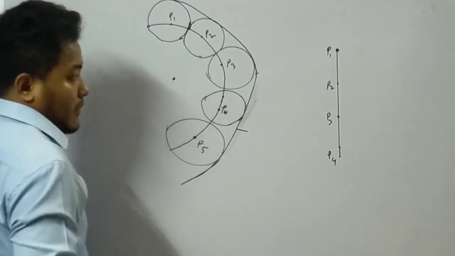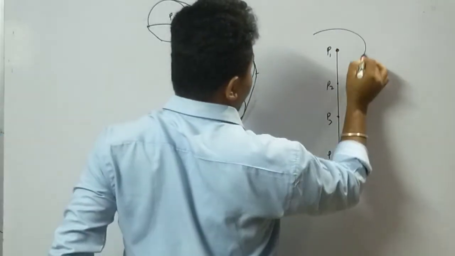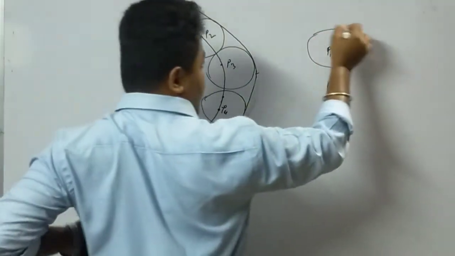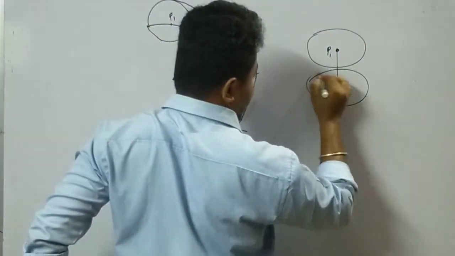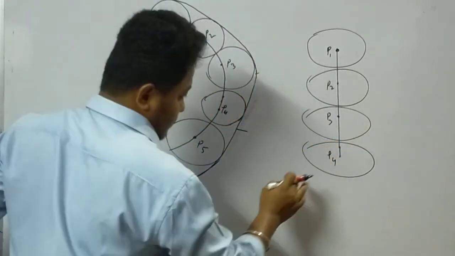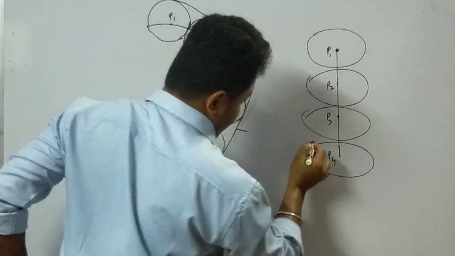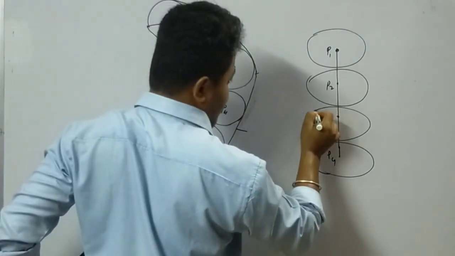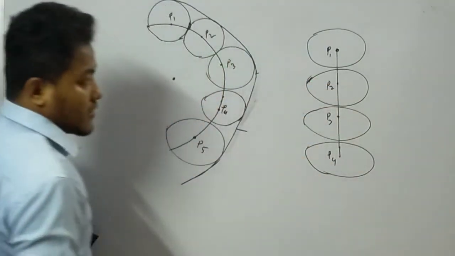These are the particles, and they will now behave as fresh sources and produce a wavefront, like that. Am I clear? So they are producing wavefronts of their own, since they are behaving as fresh sources of disturbance.